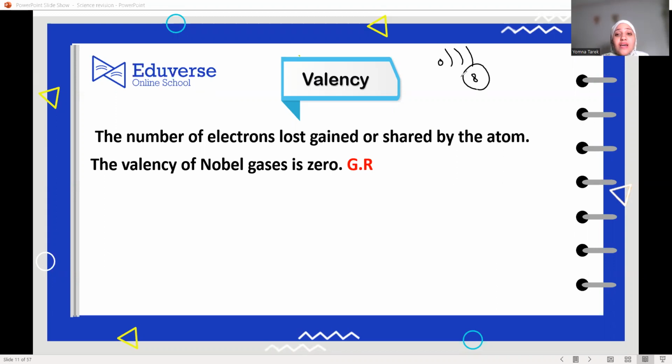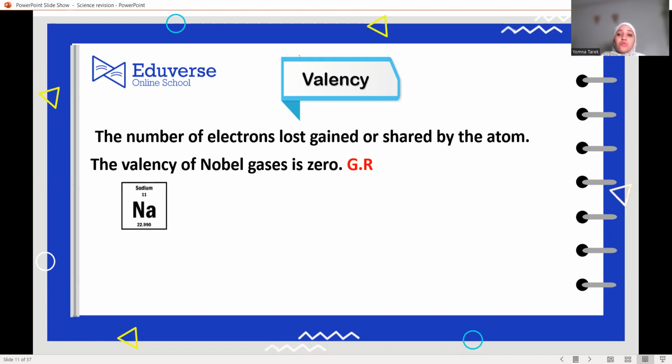Will it gain electrons or lose electrons? No. So it's stable. So here it doesn't have valency. Noble gases don't have any valencies. Valency here is 0. Why? Because the atom is stable. The atom doesn't need any electrons and is not going to lose any electrons.